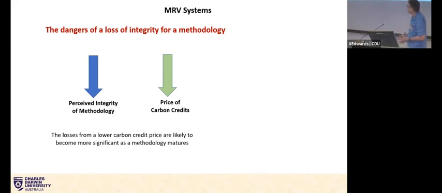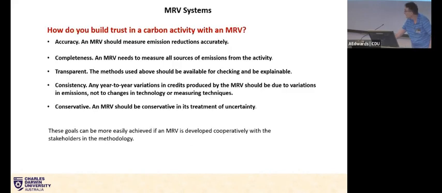And one of the best ways to ensure that this occurs is by following some of these guidelines that are in the Paris Agreement. It's Article 6 of the Paris Agreement, and that lists a set of criteria that are considered important for an MRV. The first one is it should be accurate.